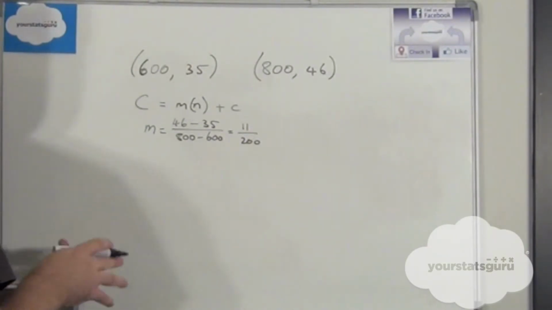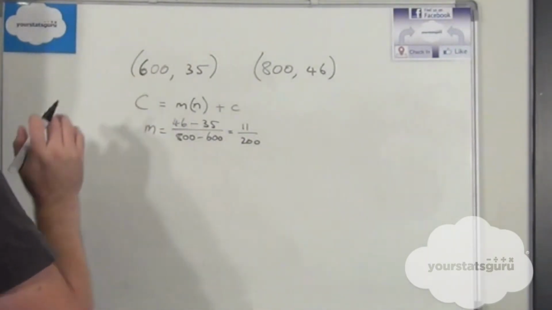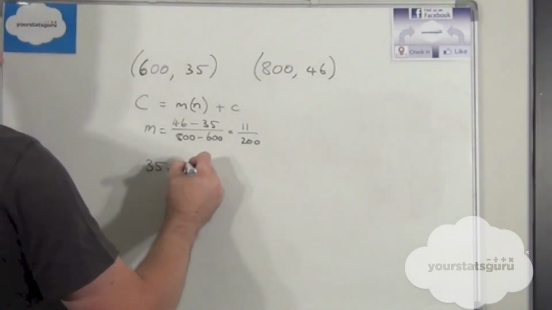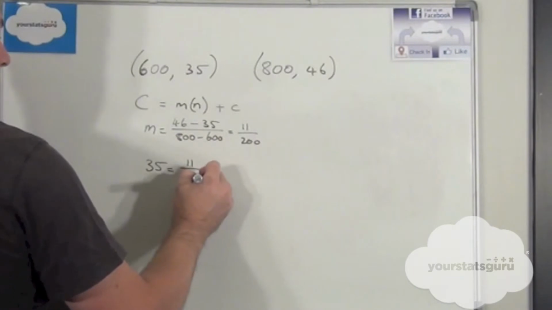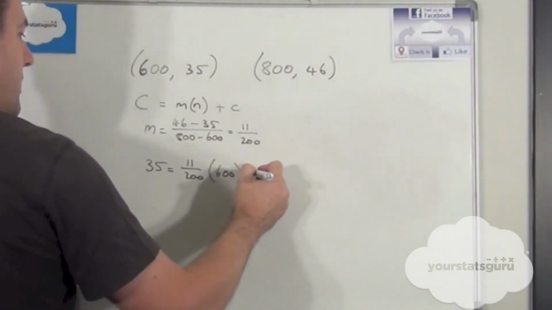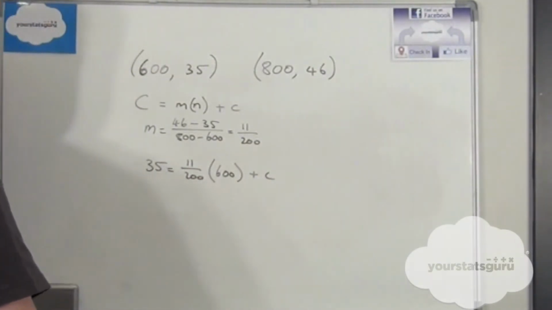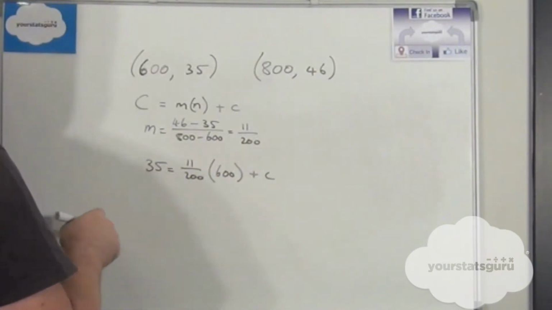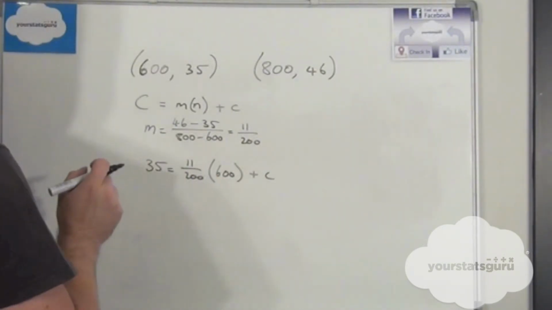And my y-intercept is found by substituting one of these points. So let's take the first point. 35 is equal to 11 over 200 times 600 plus the unknown y-intercept. Now clearly 200 goes into 600 3 times. 3 times 11 is 33.